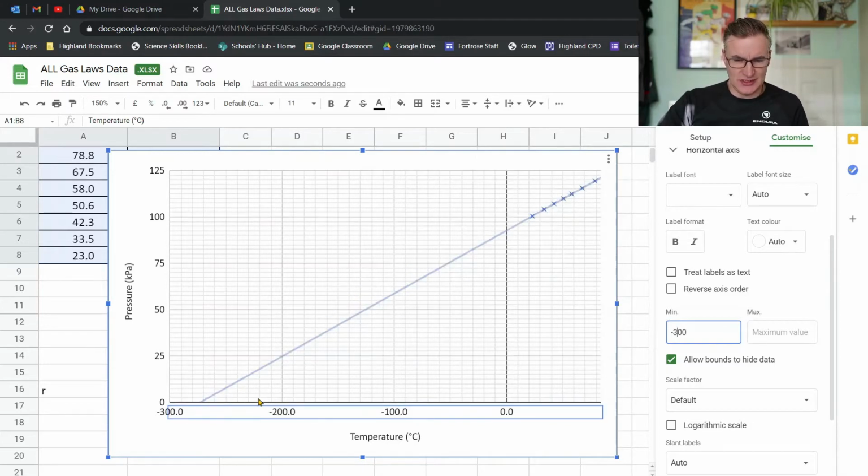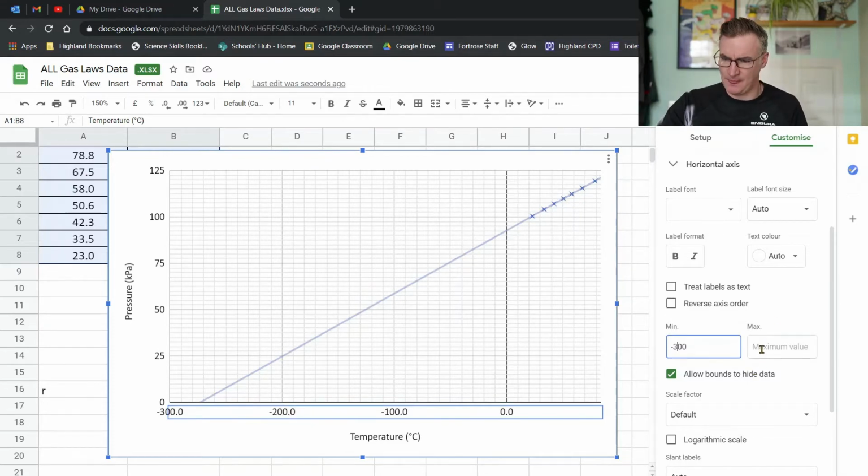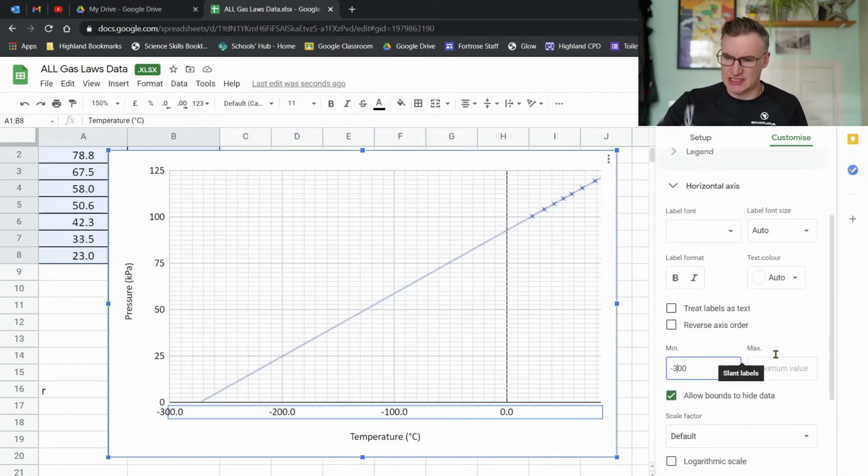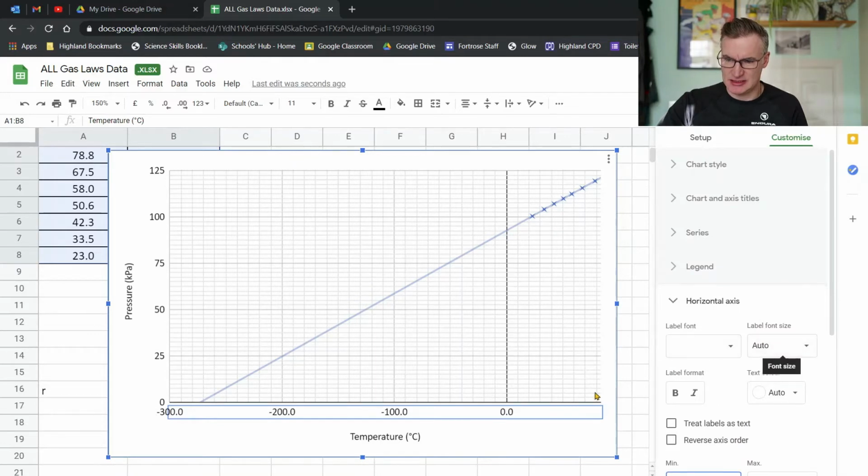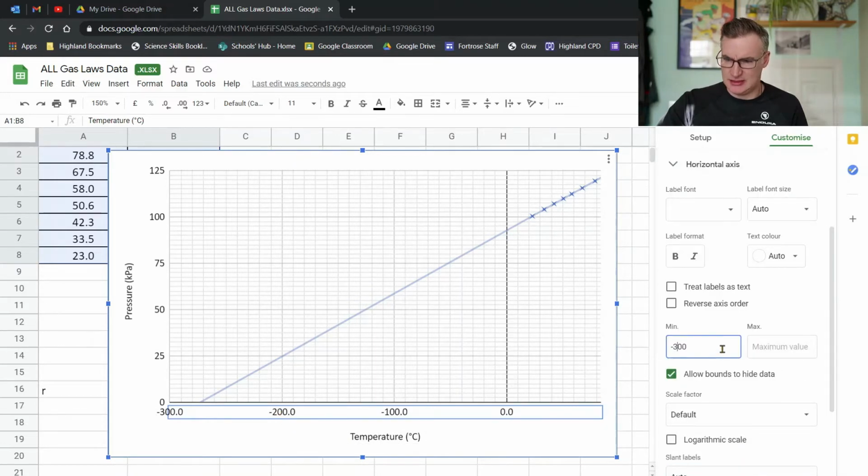And as we'll see here, now it's no good really to analyze what's going on here, so I'm going to just change my scales a little bit.